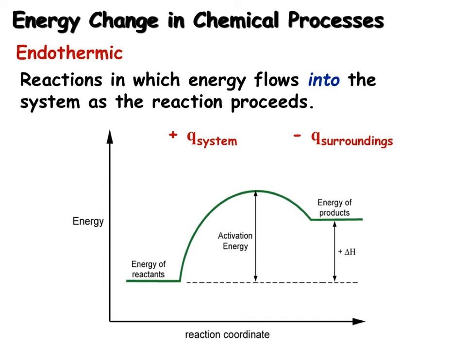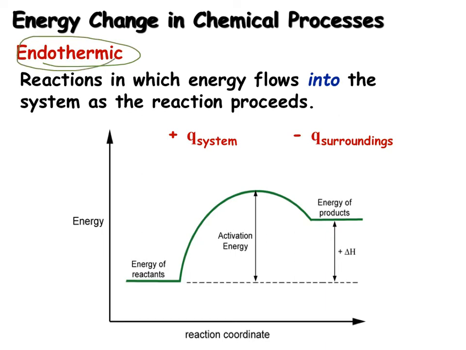The big thing with thermodynamics that we really pay attention to, though, is Q, heat, and changes in heat. So, reactions in which energy flows into the system, meaning energy comes from the surroundings and goes into the system, so we are losing heat from the surroundings and it's going into our system, that is called an endothermic process.